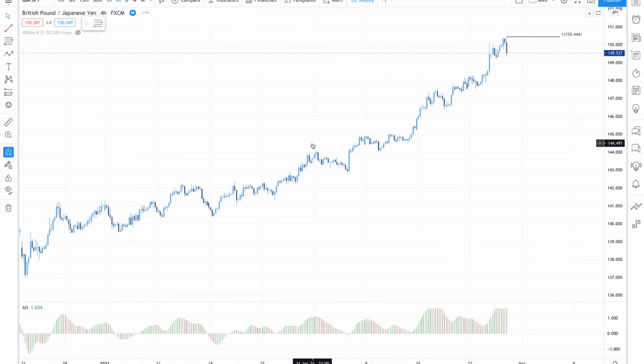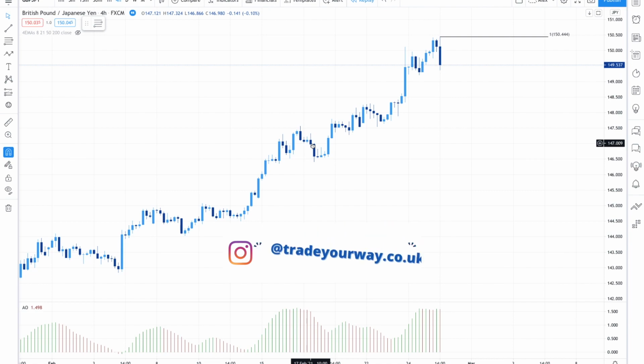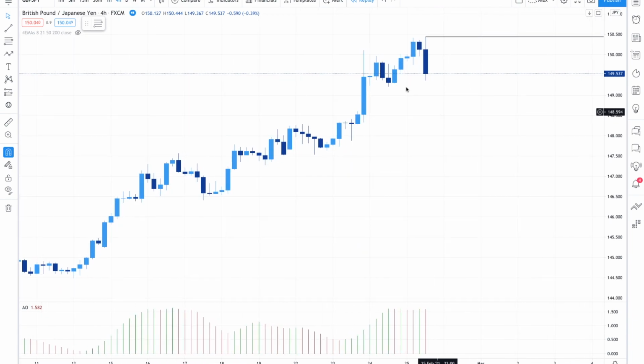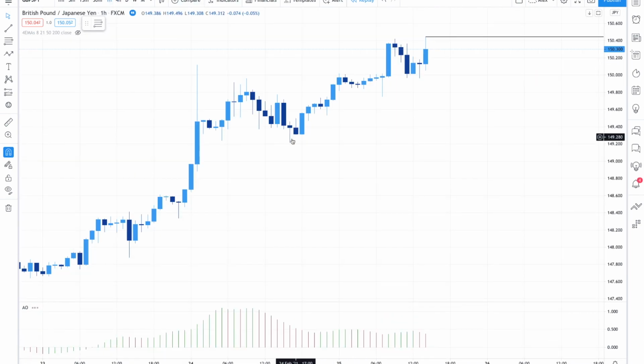Well, we're looking for each time price comes down and takes out the previous low. So we want to see clean rejection. There's one here. Because this is such a tight little range, I would probably drill down to the 1 hour and explore this range in a little bit more detail, maybe even go as low as the 30-minute or 15-minute.